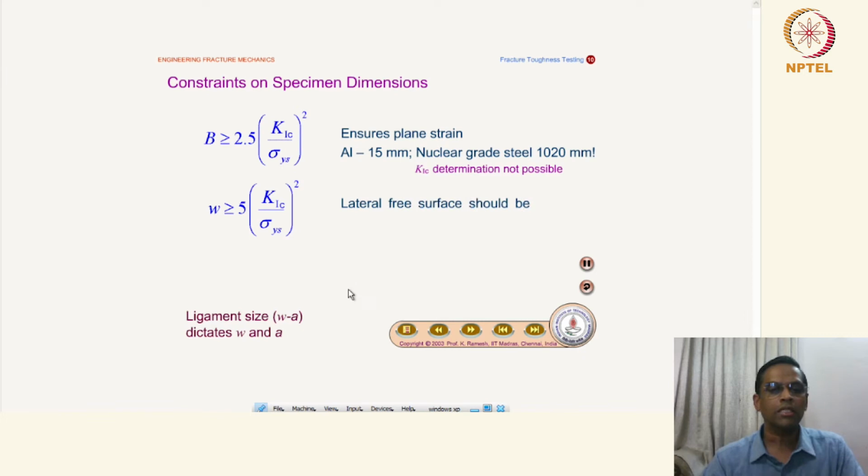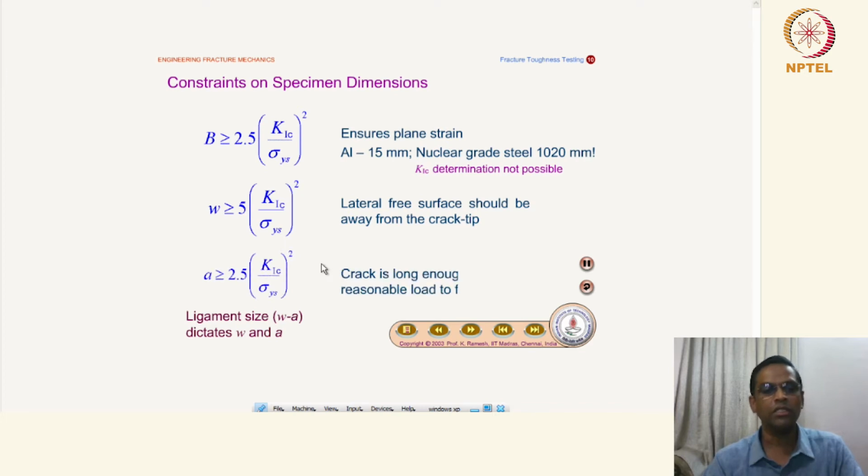And the ligament size, the width, should be greater than or equal to 5 times (K1C divided by sigma ys) to the power 2. Lateral free surface should be away from the crack tip. That is another condition for this.